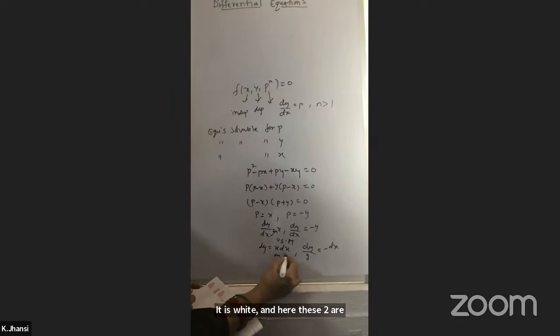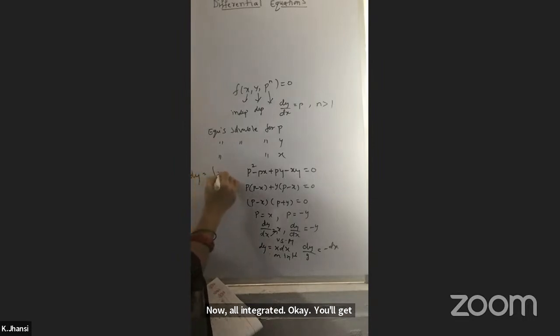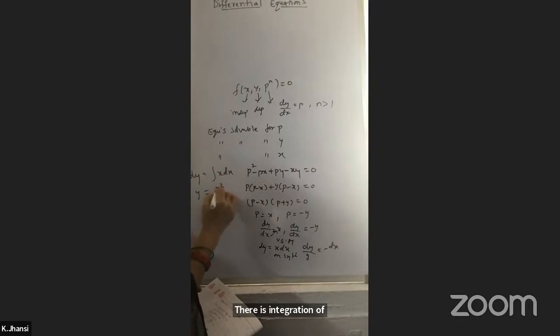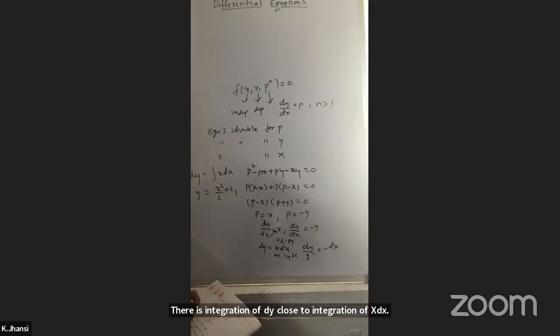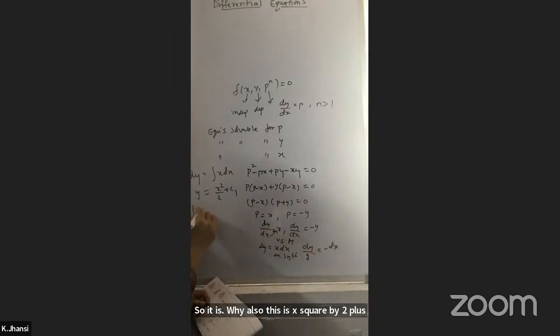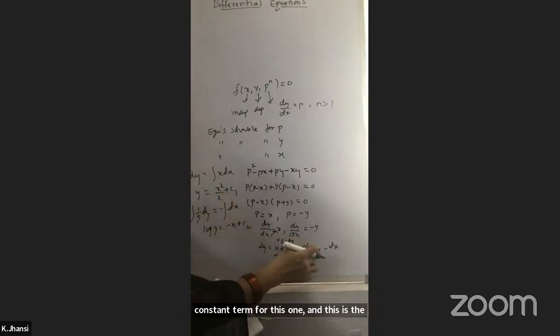Now on integrating, you will get integration of dy equals integration of x dx. So y equals x square by 2 plus one constant c1. If you do the second one, integration of 1 by y dy equals integration of minus dx. So this is log y equals minus x plus c2. This is the constant term for the first, and this is the constant term for the second.